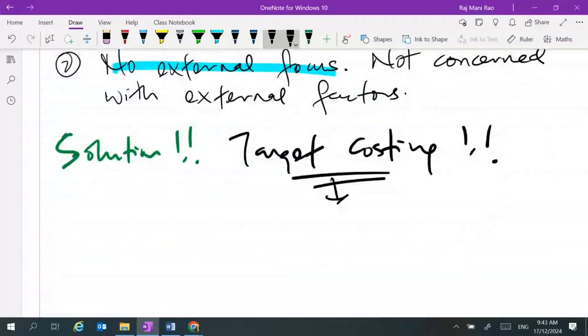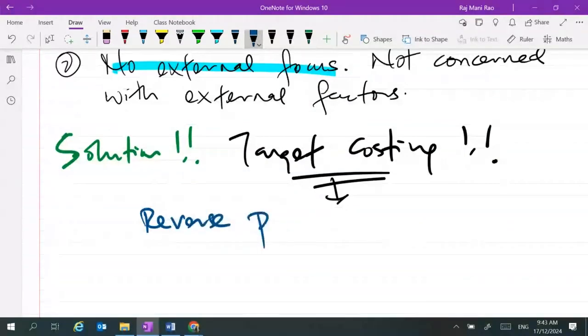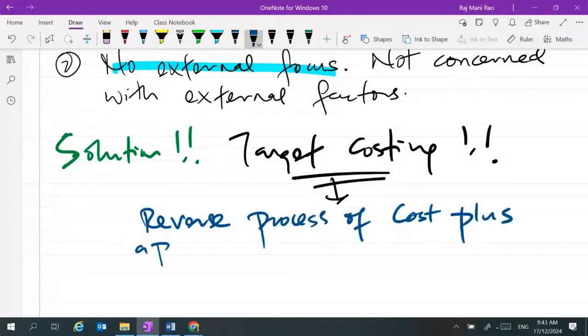It's basically the reverse process of what? The cost plus approach. What is the reverse? What is a cost plus approach?